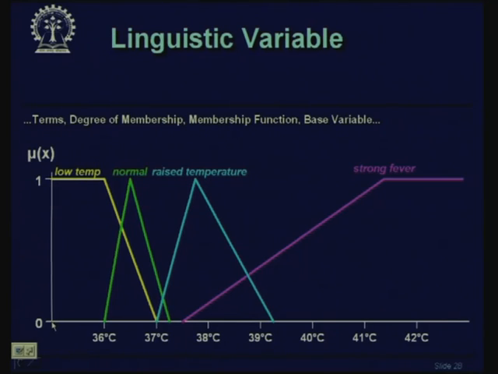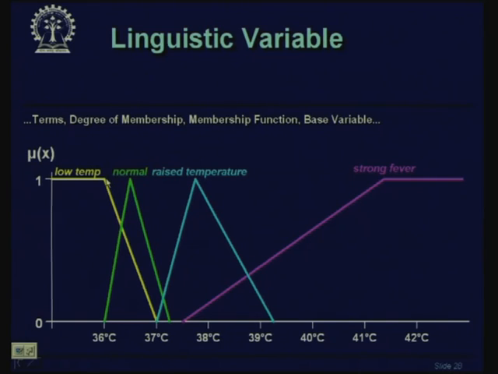Here you see that this is the underlying numerical set, the crisp set of the different temperatures. And on this side is a membership function of the fuzzy set that we define over this crisp set. So, we can define low temperature in this way, which we can again translate in the form of a table or some function if possible.